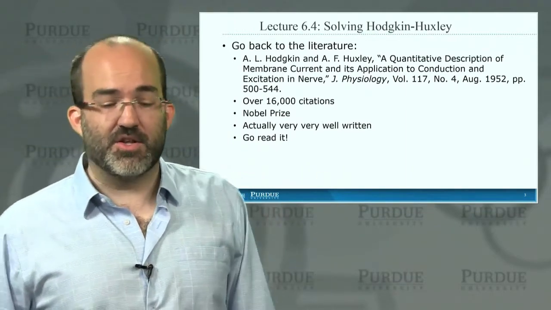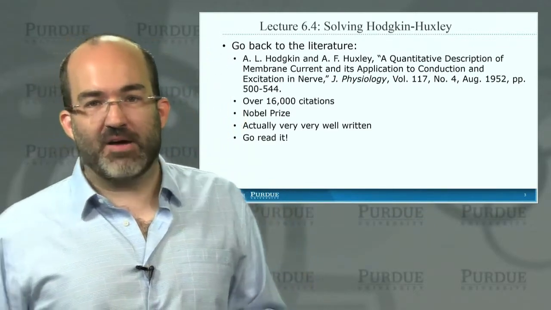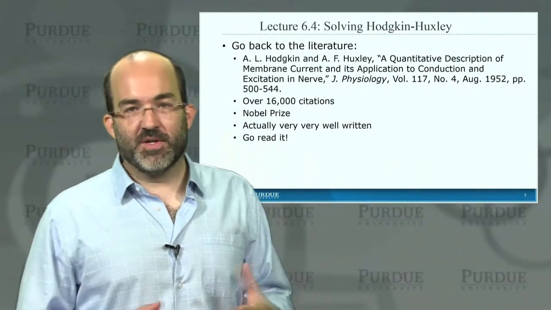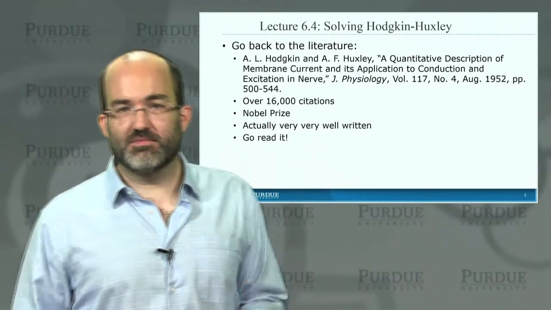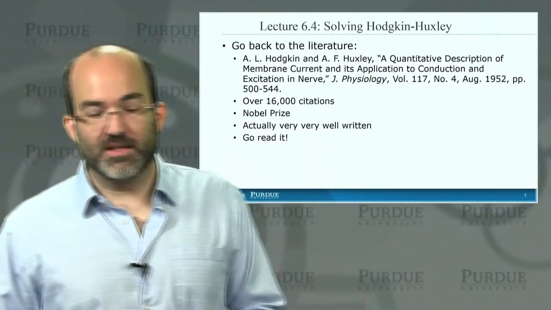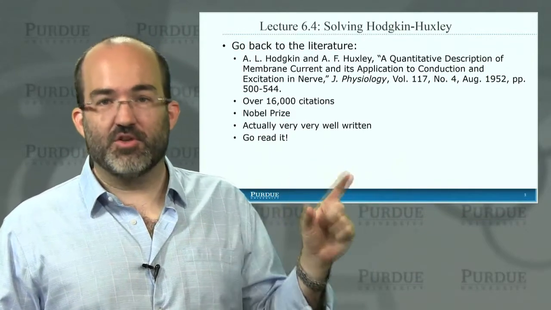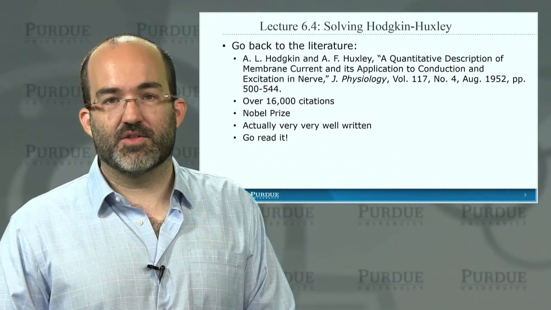It led, as I mentioned, to the Nobel Prize, and it's actually very, very well written. It's back when people used to write long-form, well-explained papers before they got into the habit of just writing large quantities of papers that were not always so coherent individually. Download it, go read it. It is the paper that you'll use to solve the Hodgkin-Huxley equation in this course.